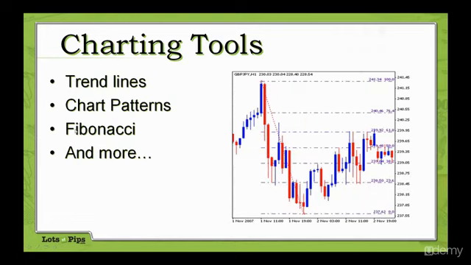We also use Fibonacci lines for part of our drawing tools and our chart tools. You draw a Fibonacci on a completed move, and then watch how the market responds to these different specific Fibo levels. These three, 38, 50, and 62, are the most reacted to, most common lines.